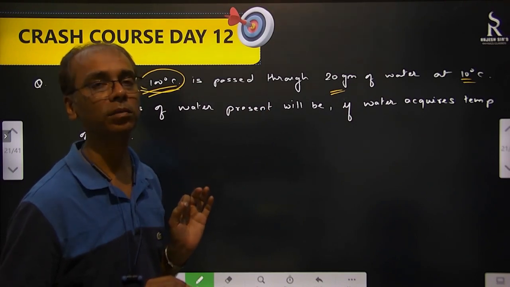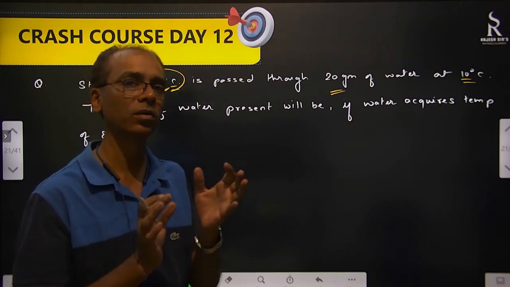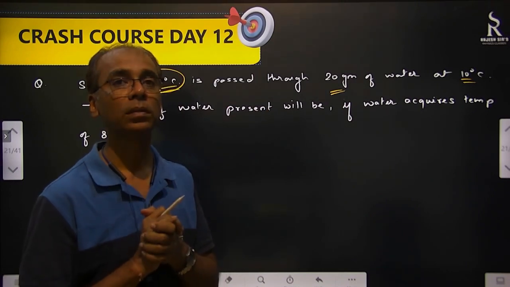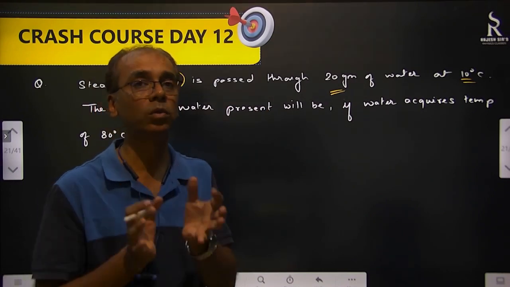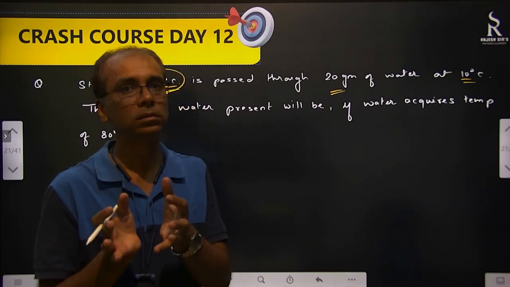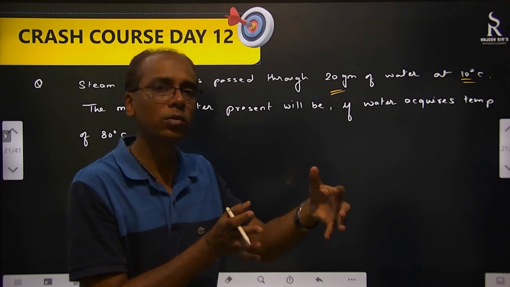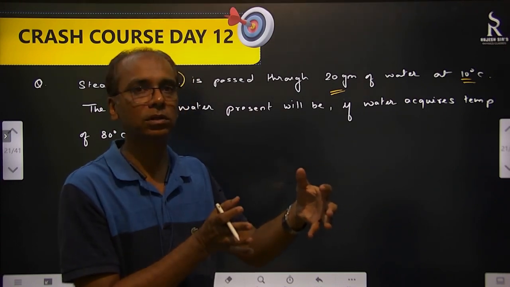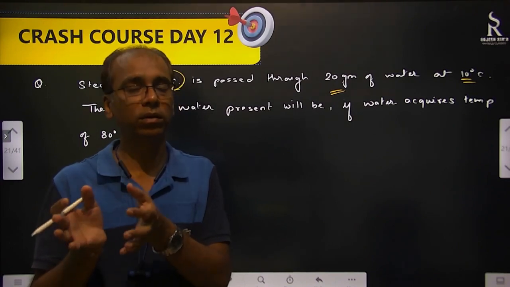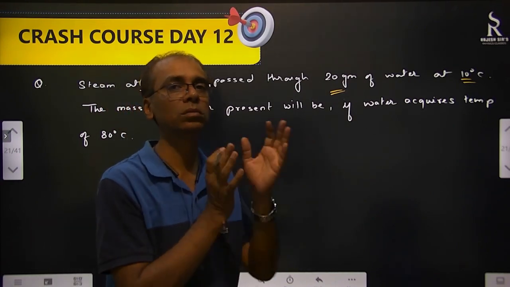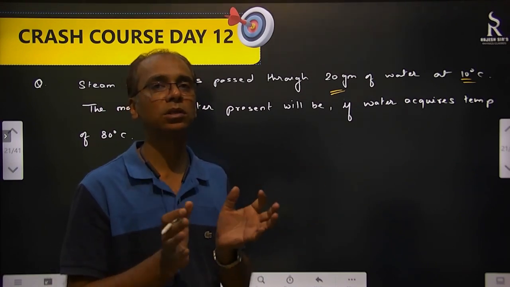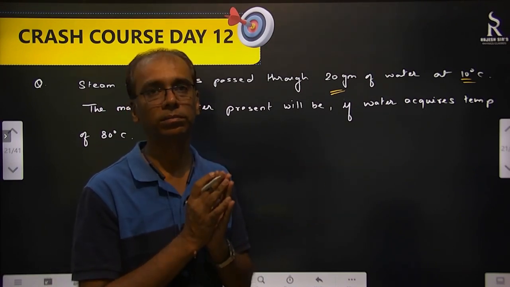So definitely it means entire steam has converted into water, point number 1. Then when it converts into water, it converts into water at 100 degree centigrade, right? The other water is definitely at less temperature. So what happens then? From this converted water at 100, again heat is going to the remaining water. And finally, the mixture's temperature is coming to 80 degrees centigrade.